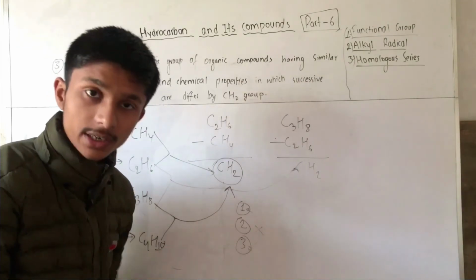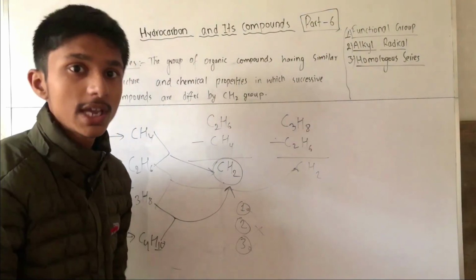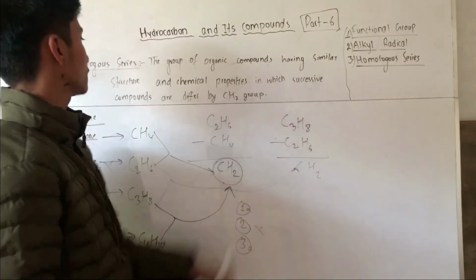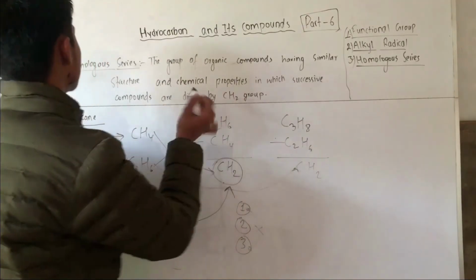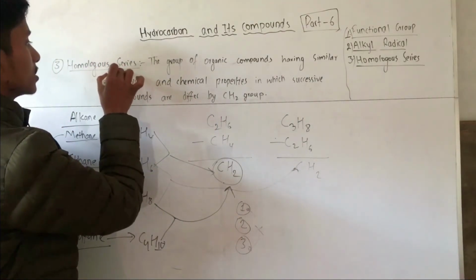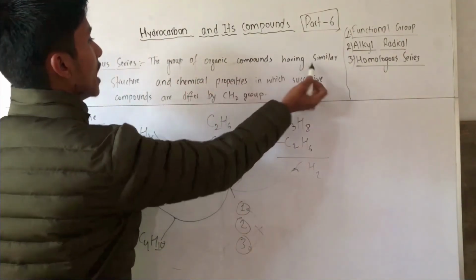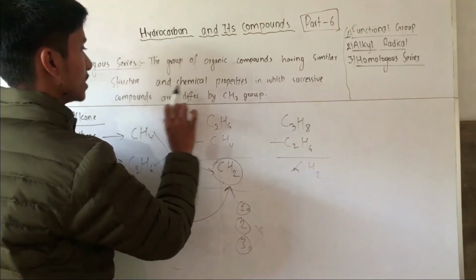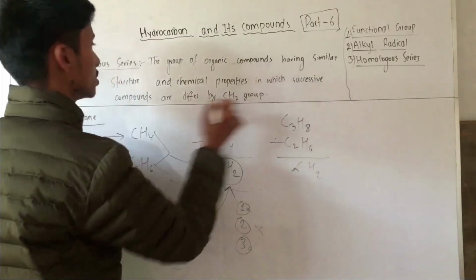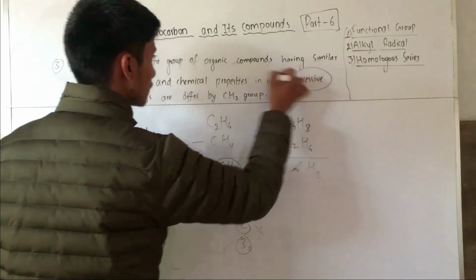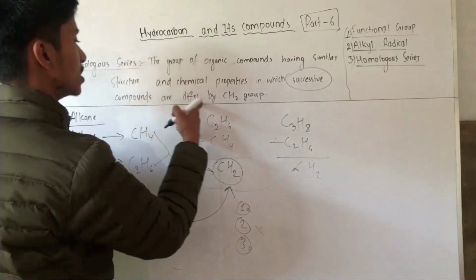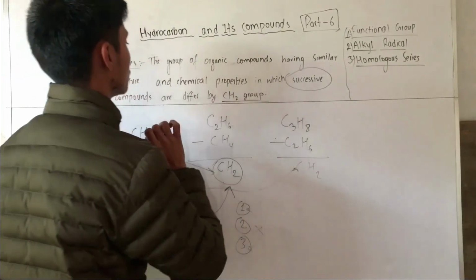If you have to take them serially, take first, second, then third. Don't take first and then third. If you select randomly, that will be wrong, because our definition says: homologous series, organic compounds having similar structure and chemical properties in which successive compounds, successive meaning one after another, differ by CH2 group.